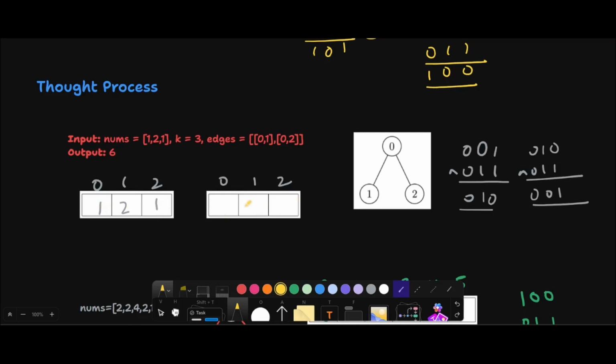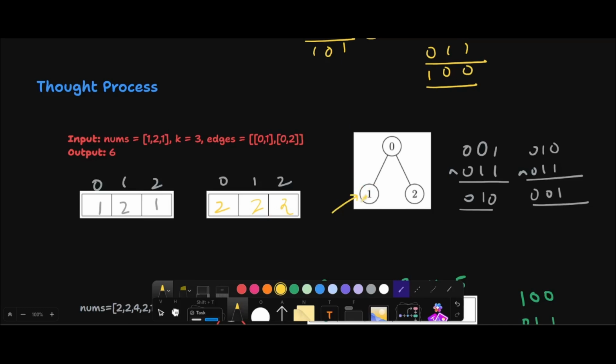So if you XOR 1, it will become 2, as we have already seen. If you XOR 2, it will become 1, and if you XOR 1, it will become 2. But there are two edges, so you have to XOR this as well, so it will again become 2, as we have seen in the test cases.